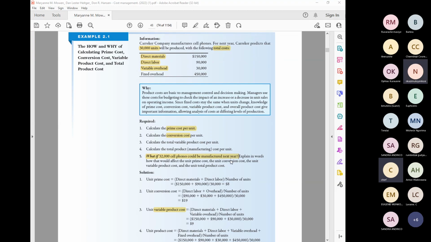The only thing which will not change will be fixed overheads, because it's not mentioned that maybe it's a stepped change where fixed costs change after certain production levels. I think.